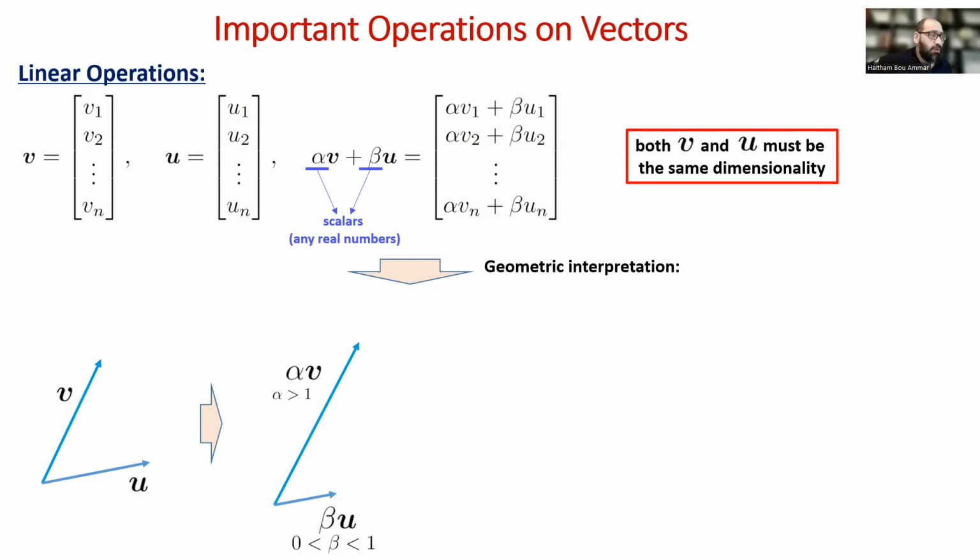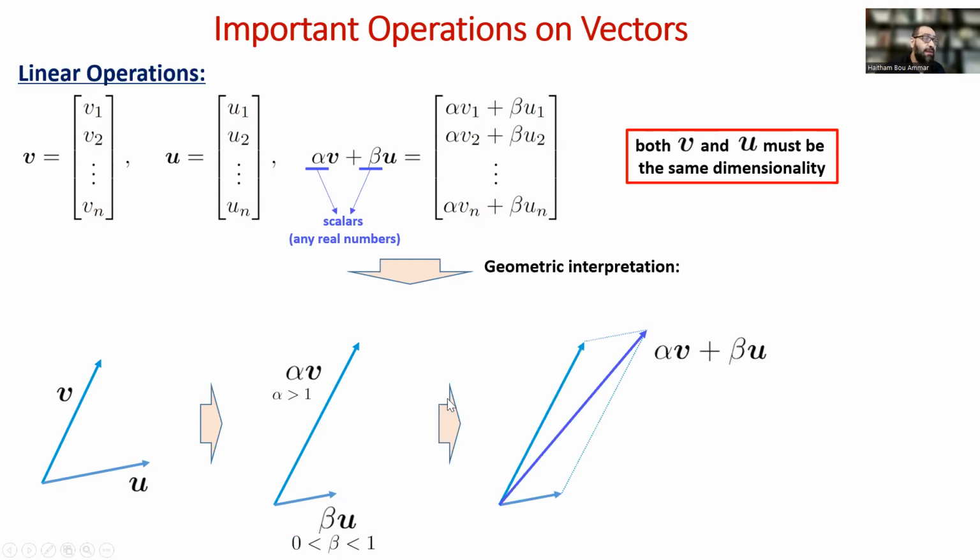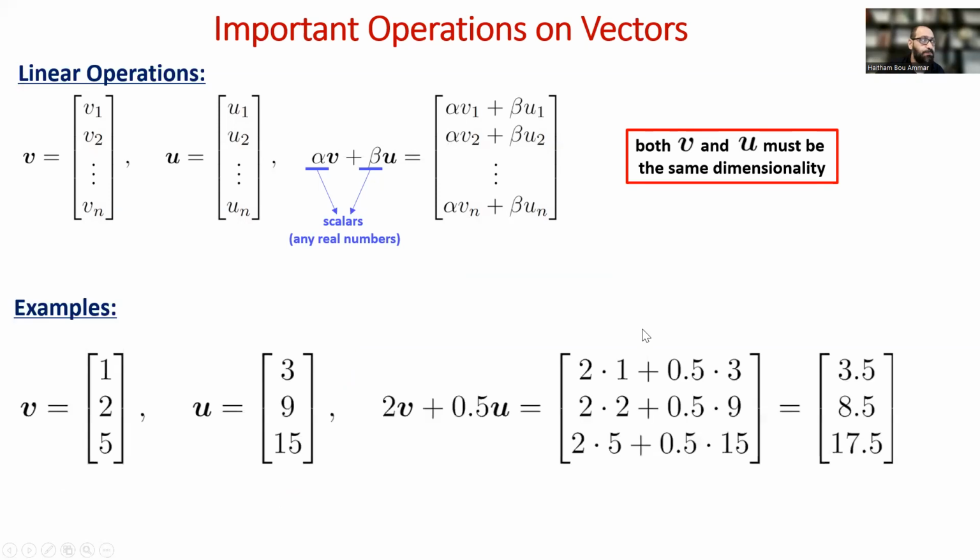But now, if you have a vector u and you multiply its components by a beta which is less than 1, then we're actually shrinking that vector. And now, when we add these two vectors together, alpha v plus beta u, then you will get this vector between them.